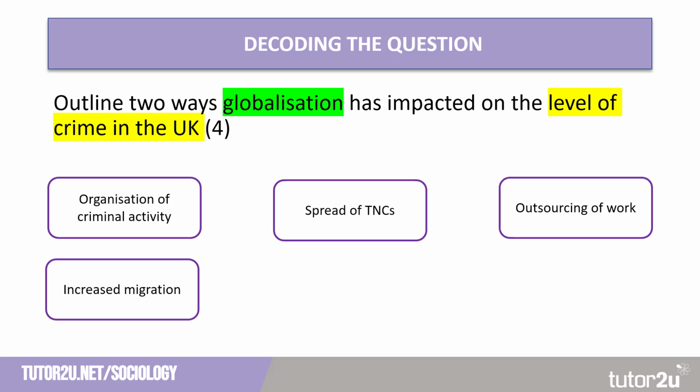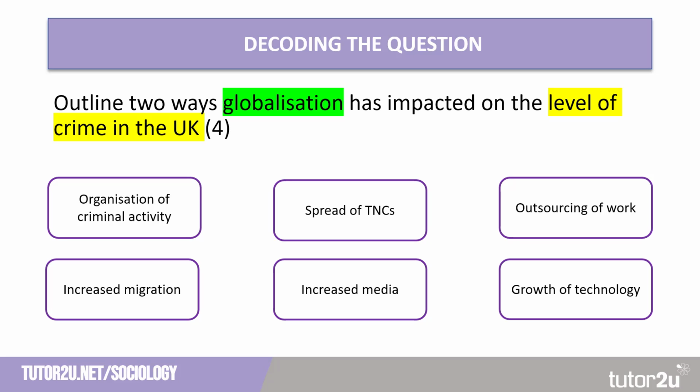Increased migration. Now we could link this into a rise in hate crimes or a rise in trafficking offences. Increased media, the growth of the media and how that has impacted on the level of crime in the UK. And the growth of technology, and this might lead us towards things like cybercrime or money laundering.